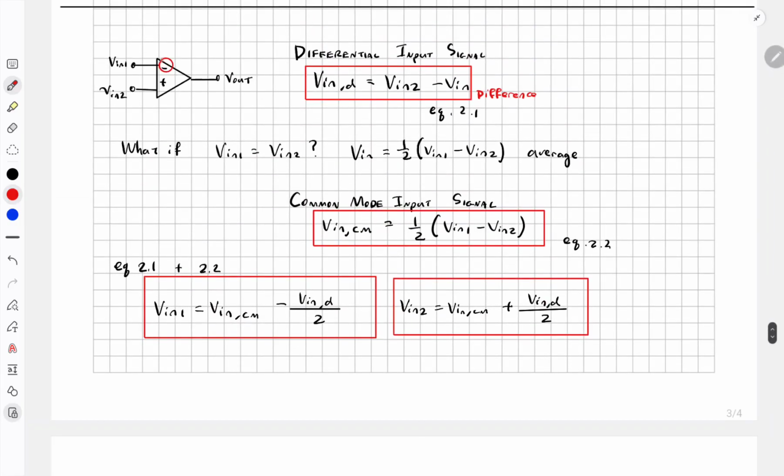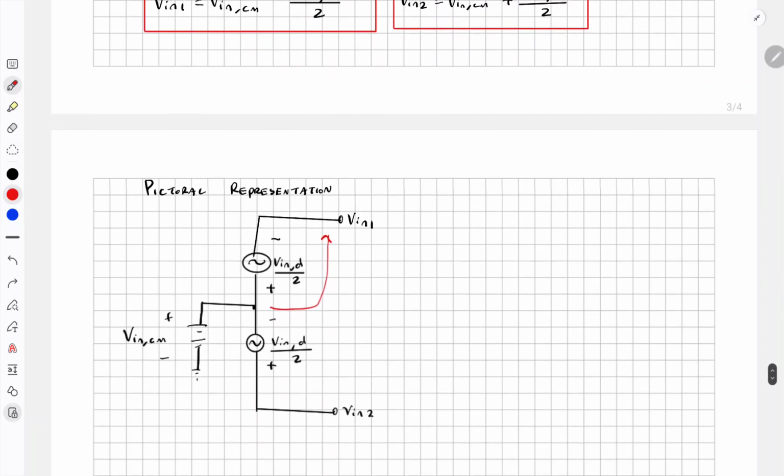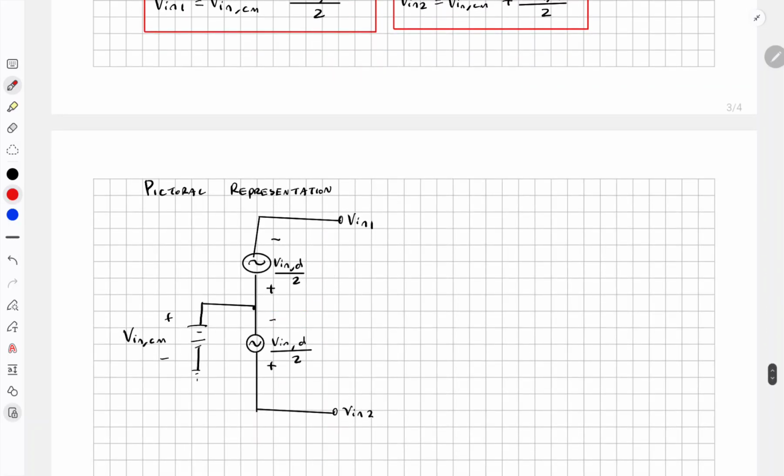So this is the pictorial representation.